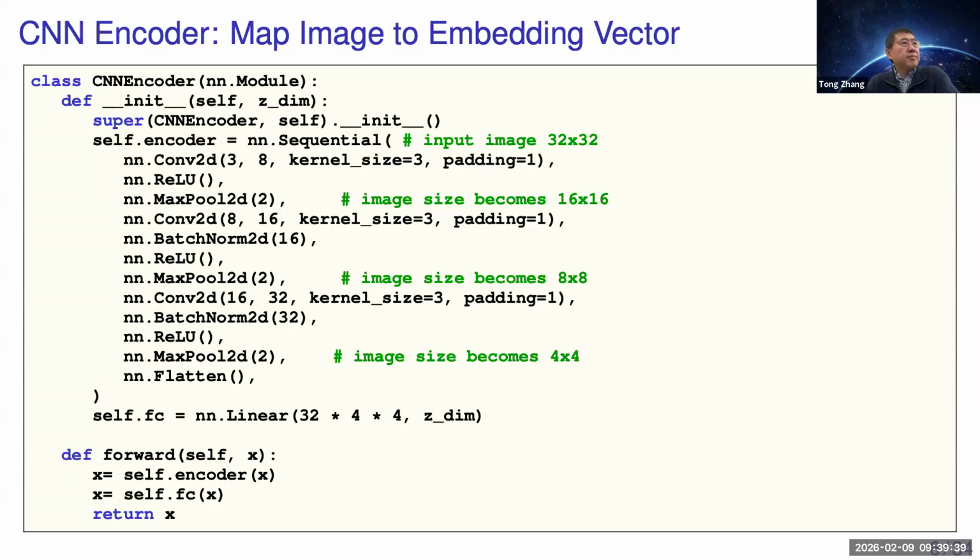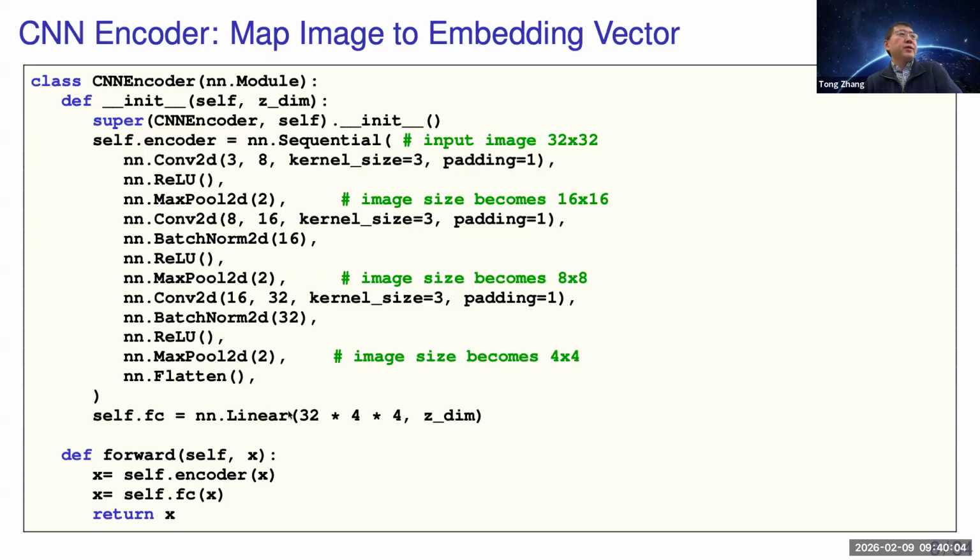So this is a simple CNN. In the end, you can call this a mapping, but because we want to output a certain dimension, we say, okay, I want to fix whatever dimension you want.